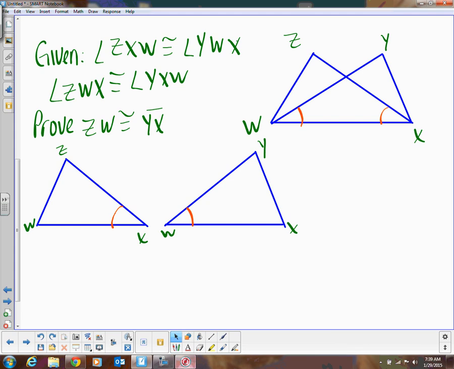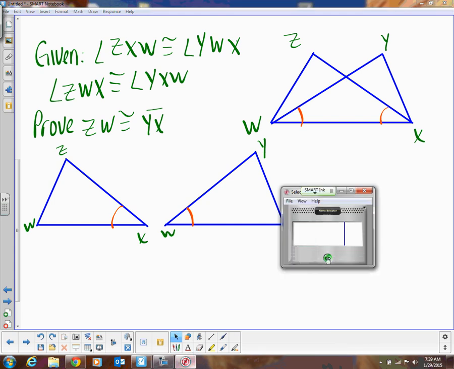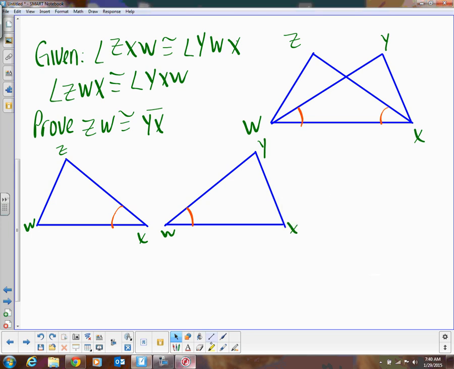All right. How do I mark the next set of angles? This is my next set. Z, W, X. Where is that?